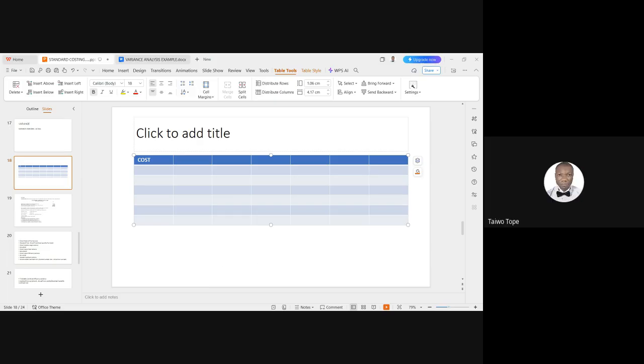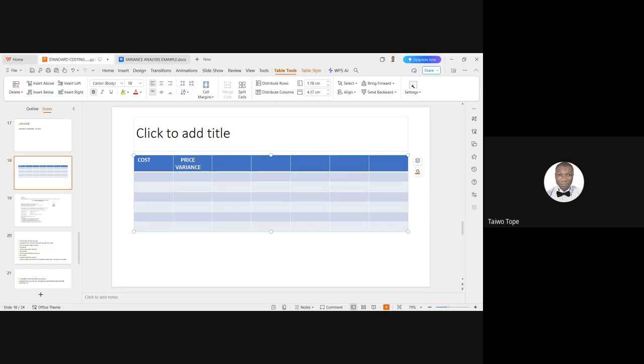The element of cost can have price variance, and what else?